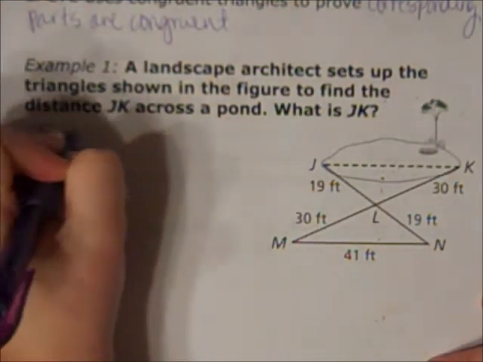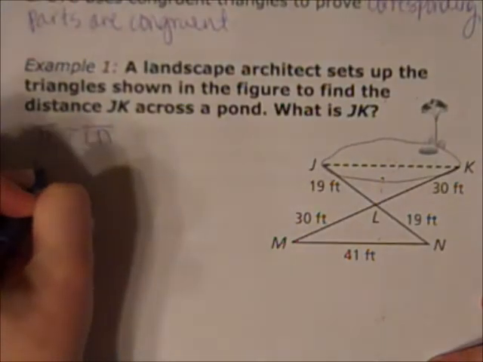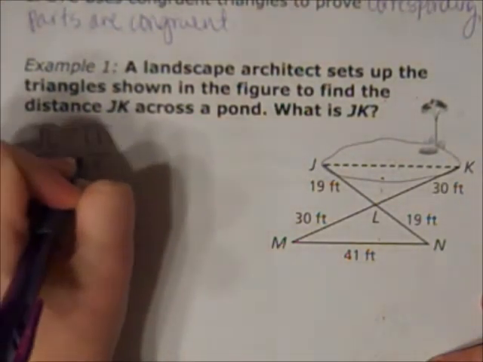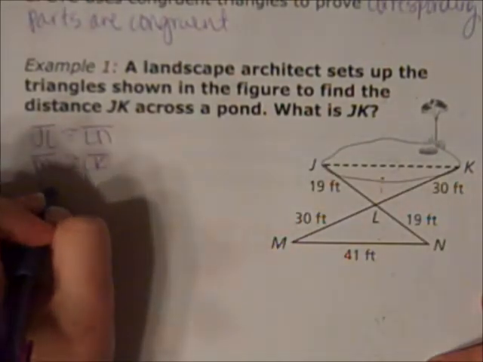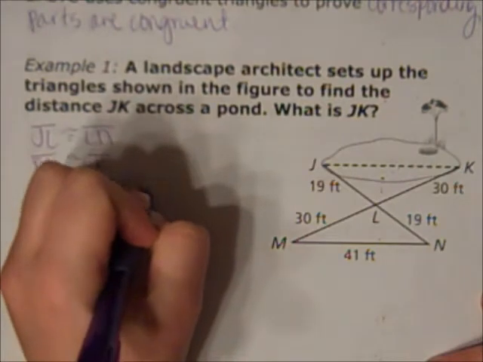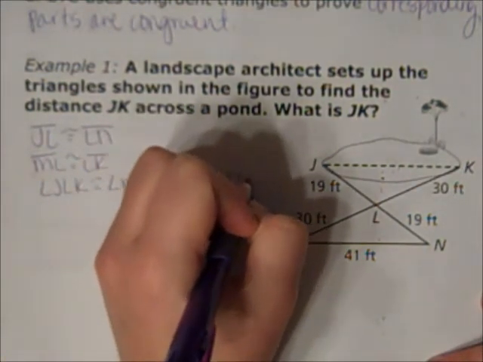So it's given that JL is congruent to LN, and that ML is congruent to LK, and we know angle JLK is congruent to angle MLN by the vertical angles theorem.